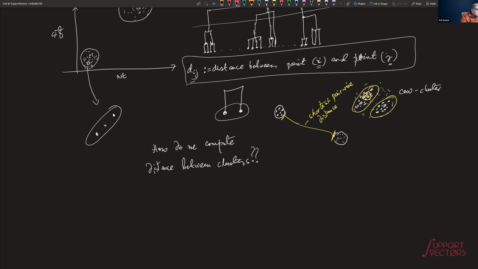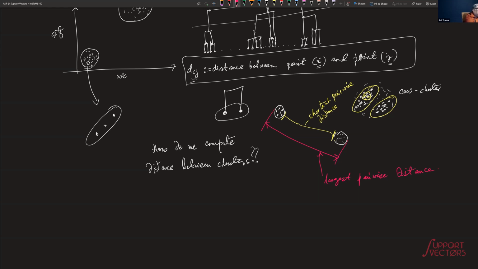Somebody else may come, no, no, no, I don't want to look at it like that. I want to look at it as the largest pairwise distance. And you can say, well, that is my measure of distance.